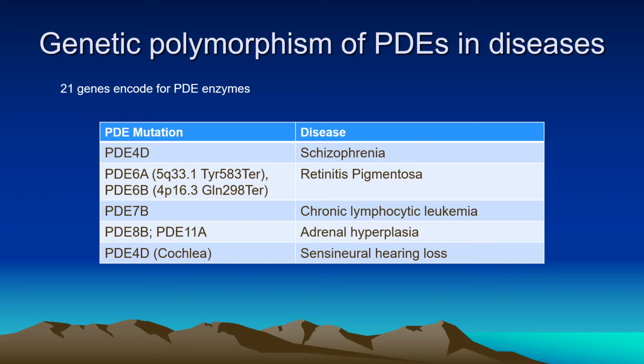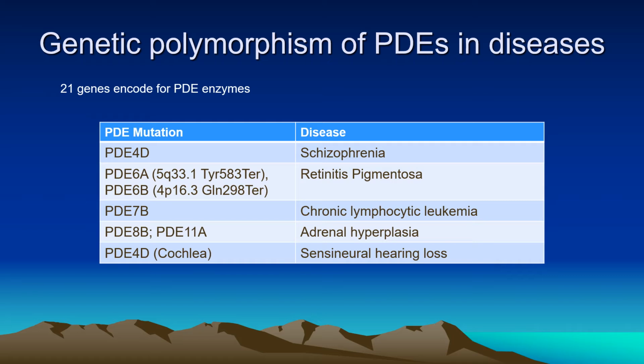Similarly, PDE6A and 6B with amino acid changes due to mutation are seen in various types of retinitis pigmentosa. The variant PDE7B is found in cells of chronic lymphocytic leukemia.